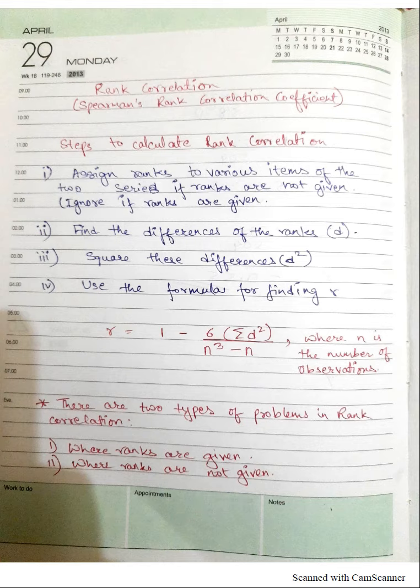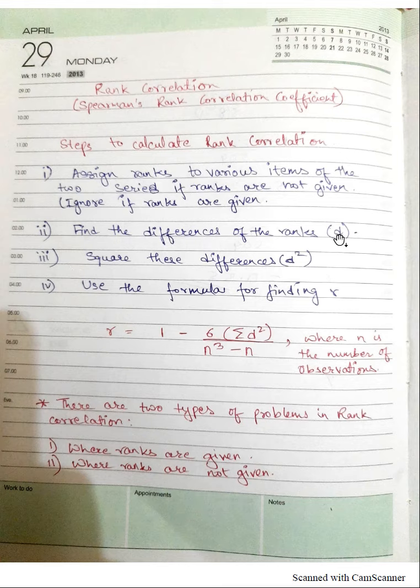And if we are not given the ranks, we first arrange the observations, find out the rank of the different observations, and then find the differences of the ranks, that is we subtract the rank of y from the rank of x. These steps will be more clear once we move on to the example section.